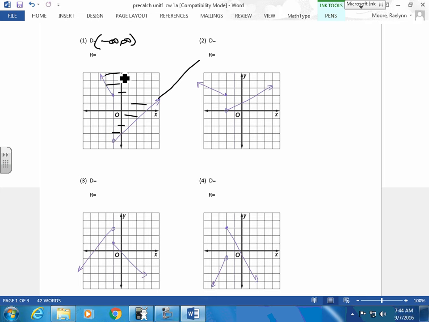Can I use -4? No, because this is open. Meaning I can't use -4, but I can use -3.9999999. So I'm starting at -4, open, and going to infinity.